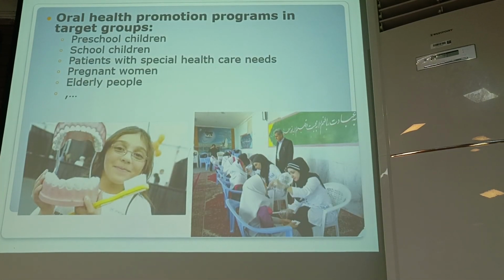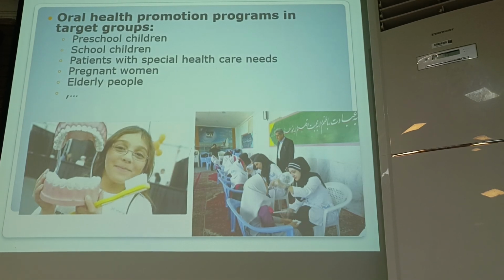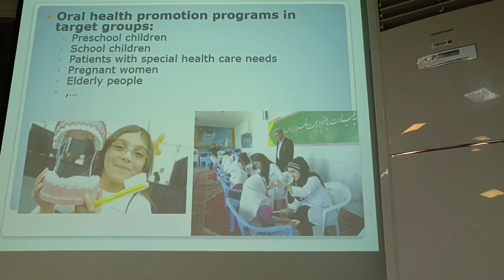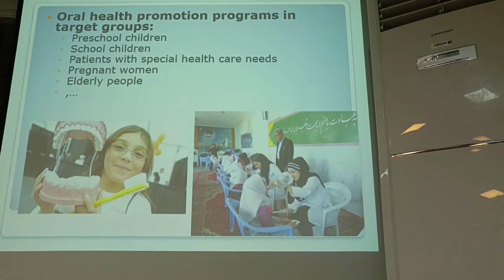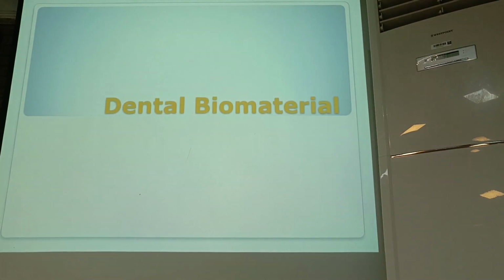You can see here some exercises, for example. We target preschool children, school children, patients with special healthcare needs. We have some programs about, for example, autism patients, or disabled patients, and also pregnant women, elderly people.